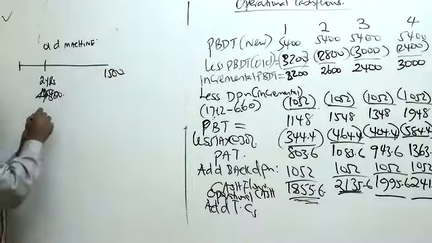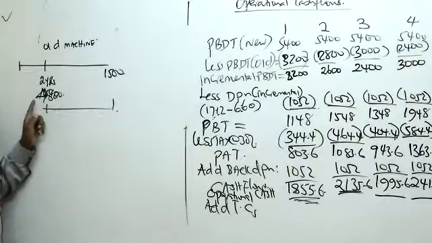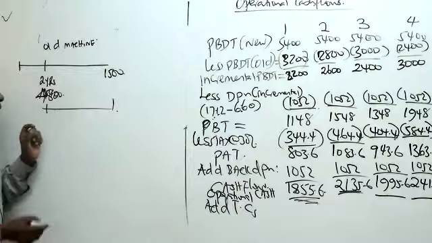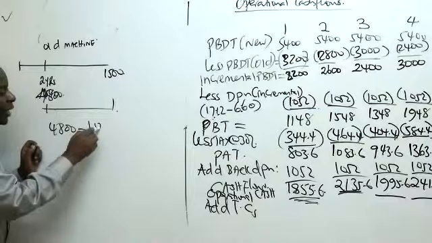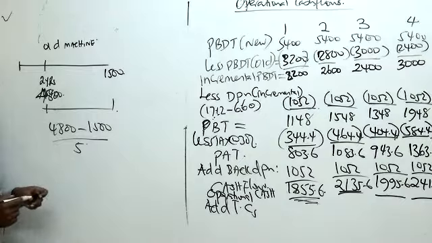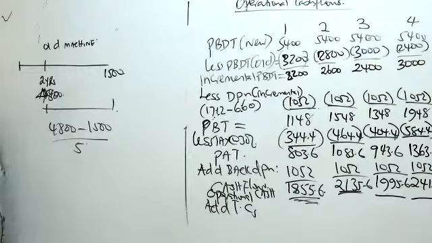So how do we get depreciation here? We take this net book value as the original cost for the period. So the original cost will be 4,800 minus the scrap value of 1,500, divided by the 5 years. If you do it that way, you should be able to get the 660. Just try and then you tell me.